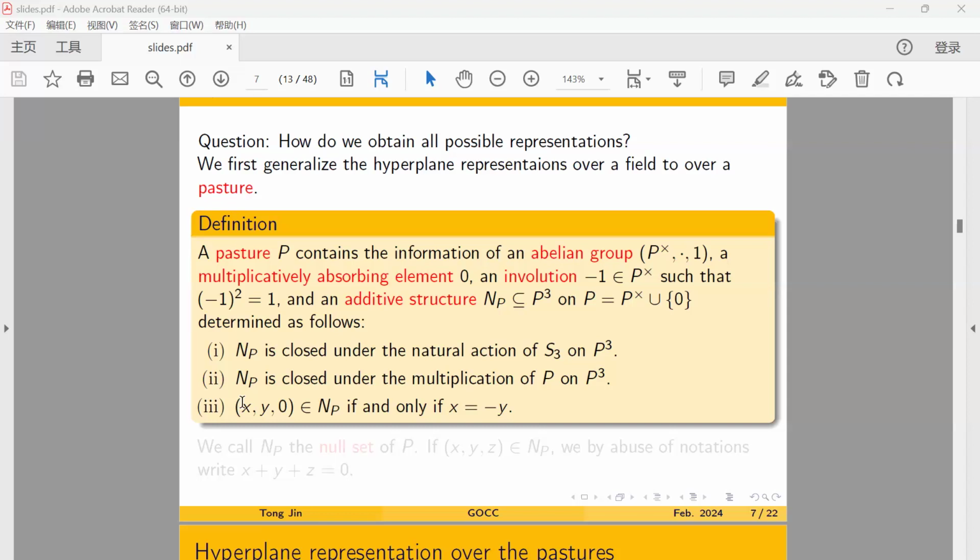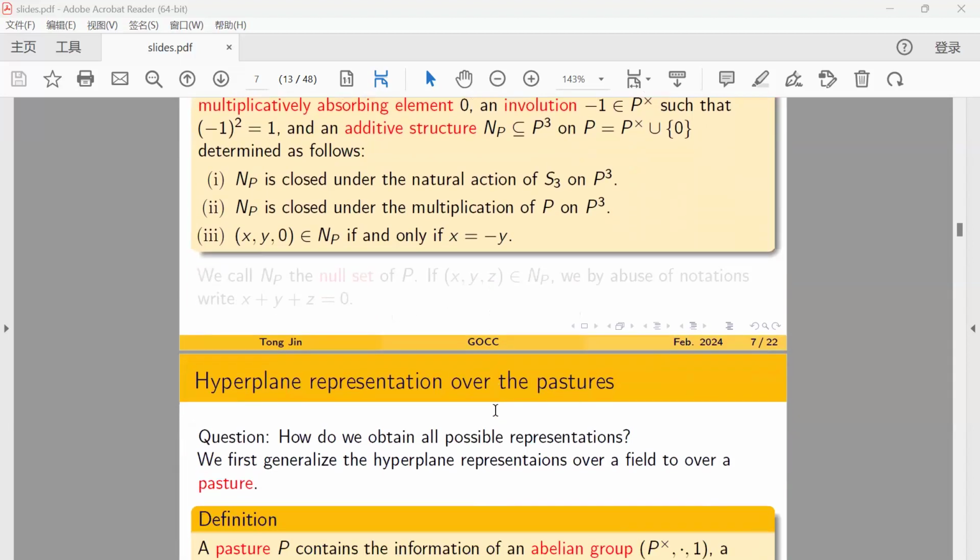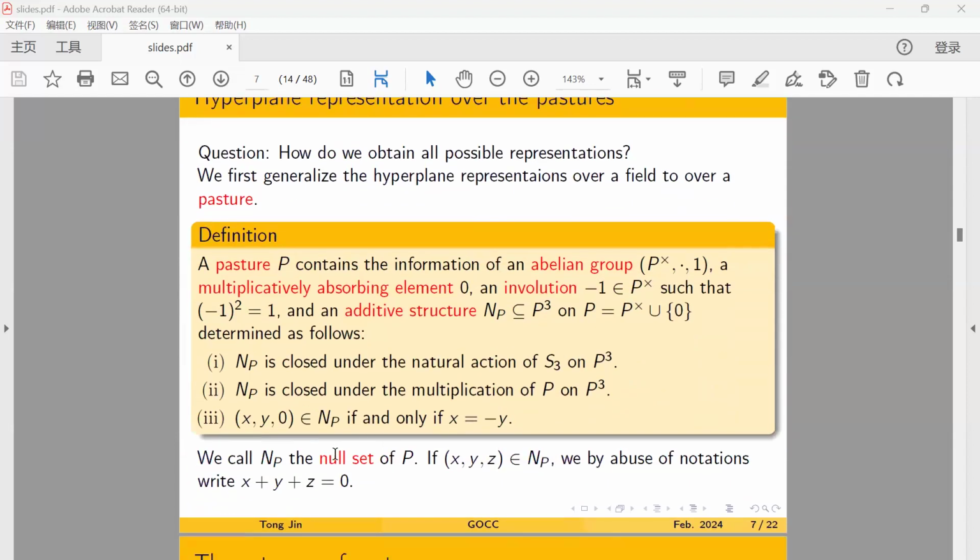So (x, y, 0) is in N_P if and only if x is equal to -y. And negative y here means the involution -1 times y. All right, we call the additive structure N_P the null set of the pasture P.